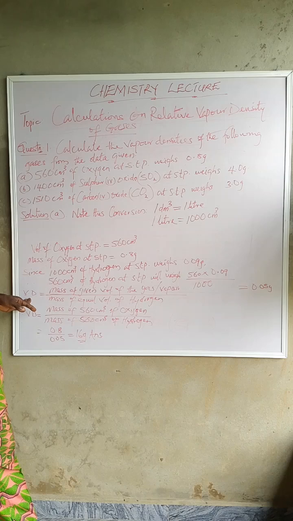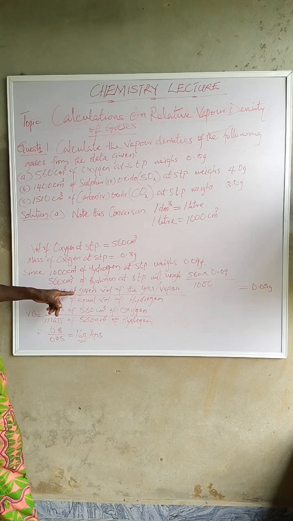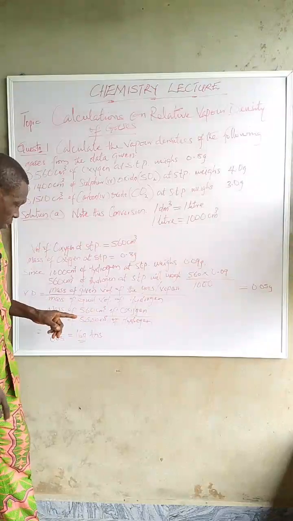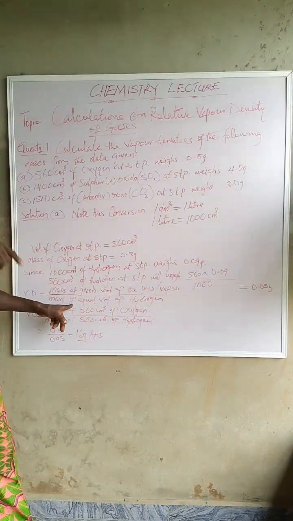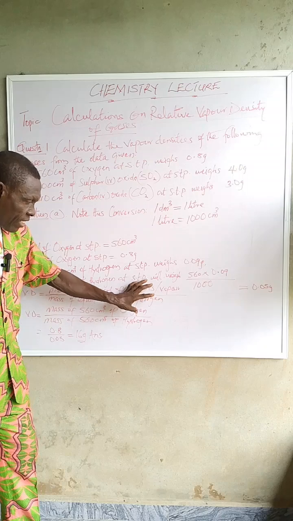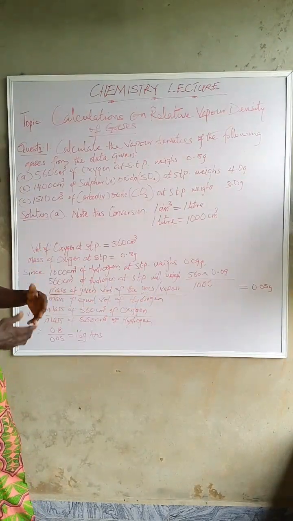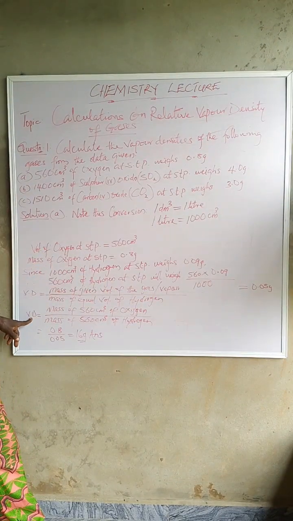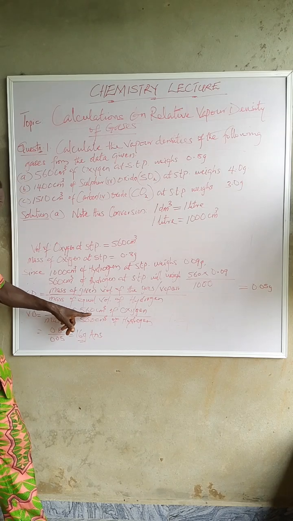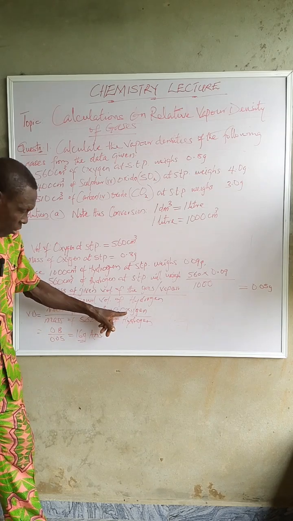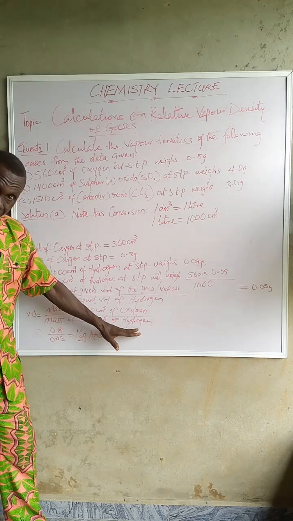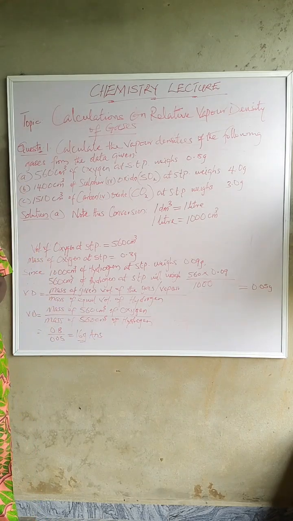Now let's come to the vapor density. Vapor density says what? The mass of a given volume of the gas, in this case oxygen, all over the mass of an equal volume of hydrogen. Now, this is the equation. Let's substitute: mass of 560 cm cube of oxygen all over mass of 560 cm cube of hydrogen, because it is an equal volume of hydrogen.